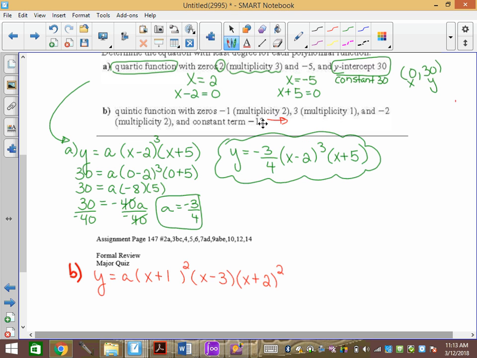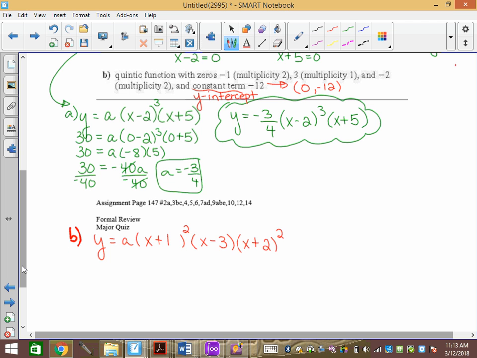And we have a constant of -12, so that's at 0 and -12, because constant is a fancy word for saying y-intercept. Zero and -12.